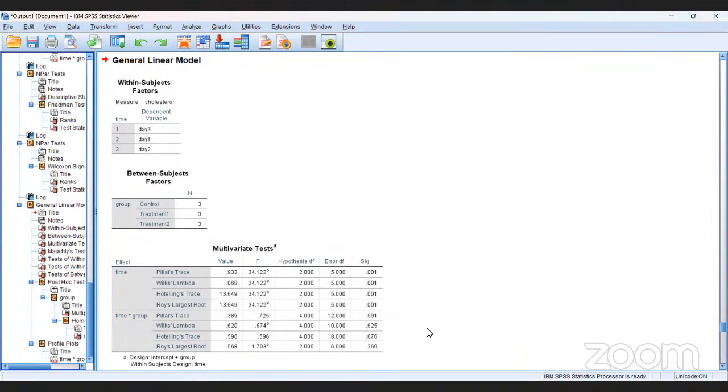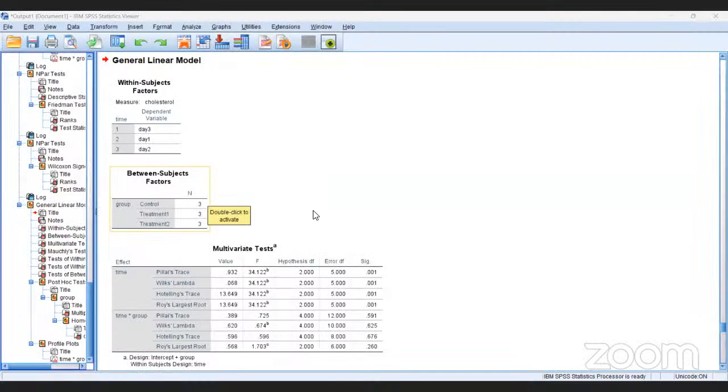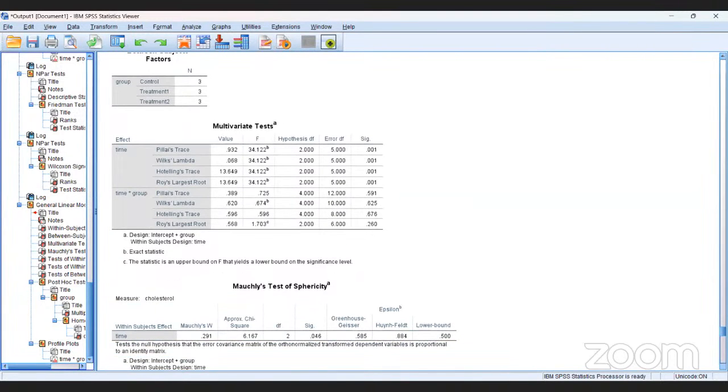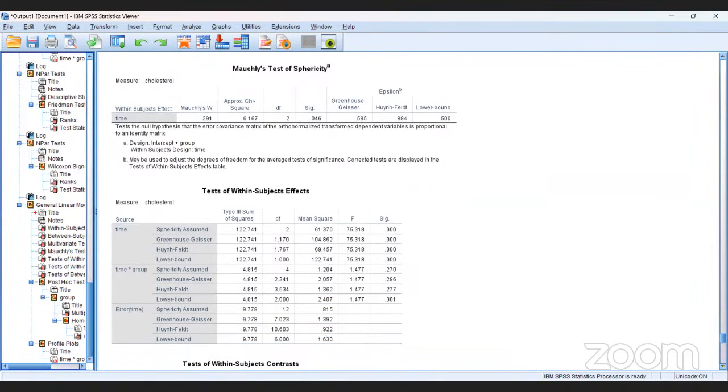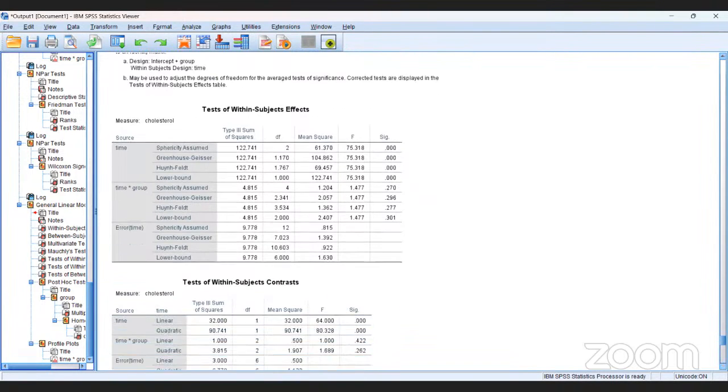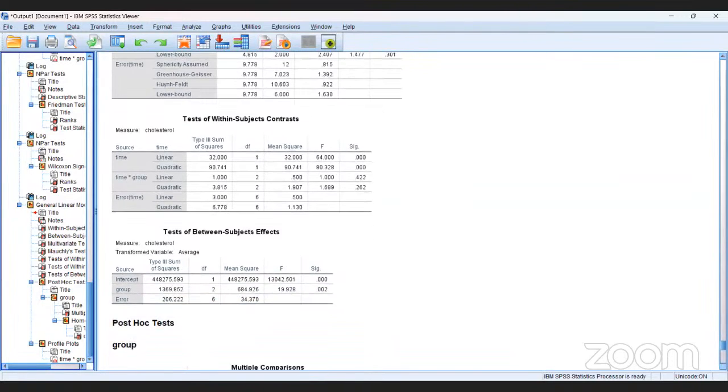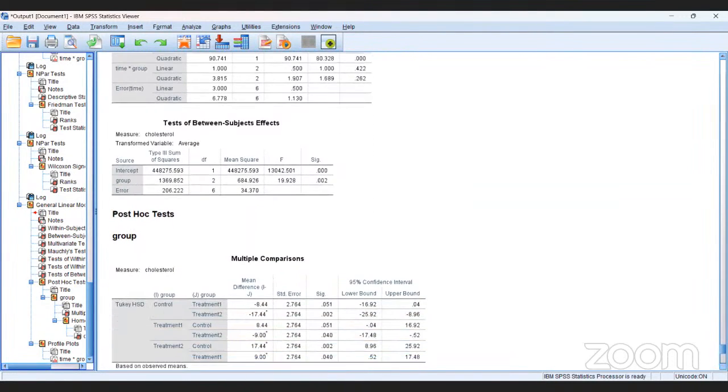So next, you will get this output. So here you have noted the significant difference. Test of between subjects. Now this is the post hoc test.